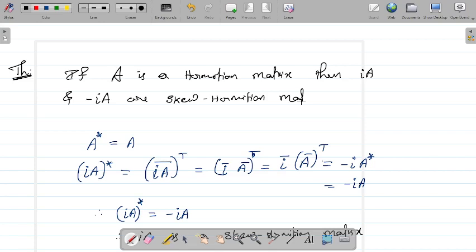Let's take the conjugate transpose. This is the same as (AB) star minus (BA) star, because you can prove this result, that (A plus B) conjugate transpose is the same as A conjugate transpose plus B conjugate transpose.